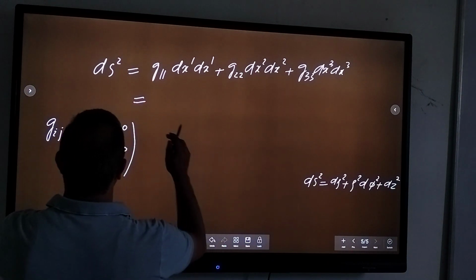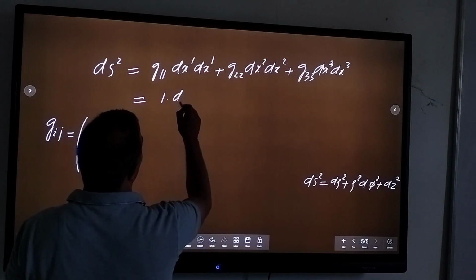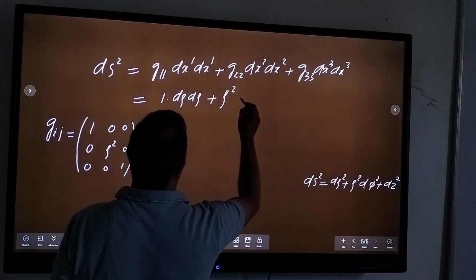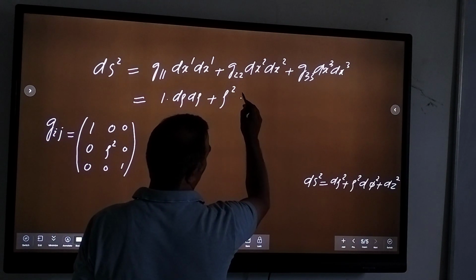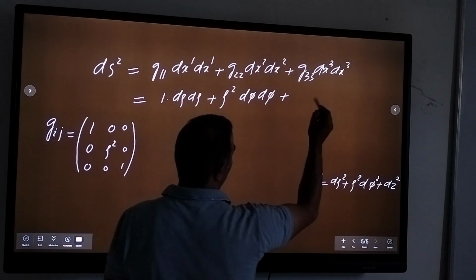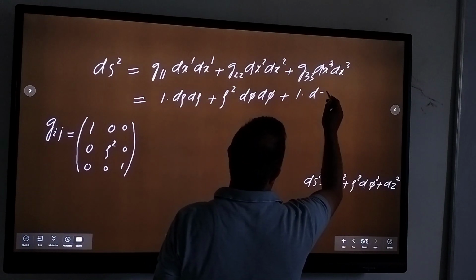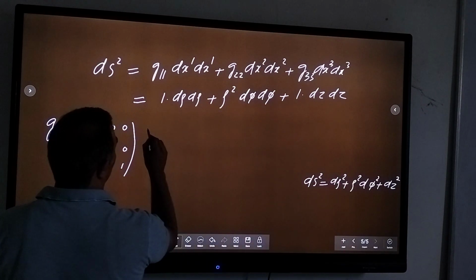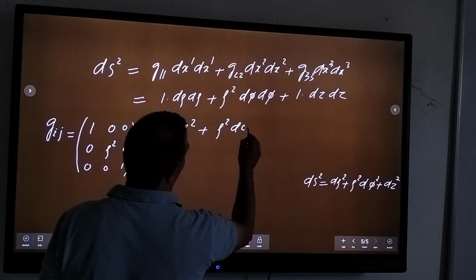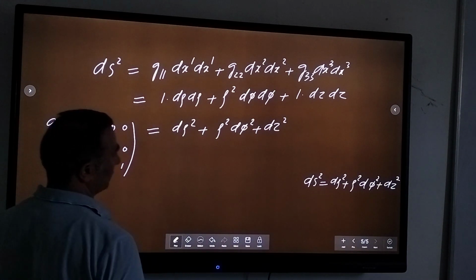So that means this will be written as, because g11 is 1 here, and dx into dx is d rho into d rho plus, okay, so this is our ds, right?